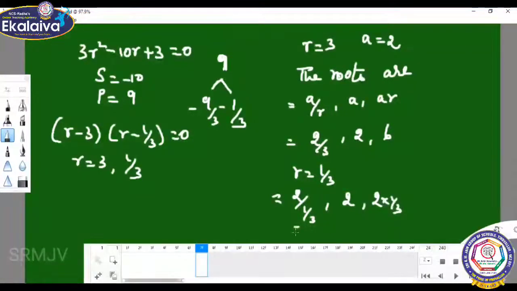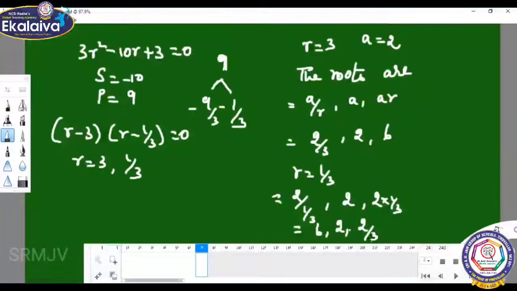So the roots are 6, 2, 2 by 3, or either way 2 by 3, 2, 6.